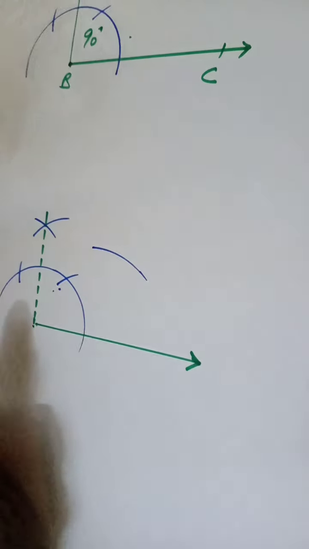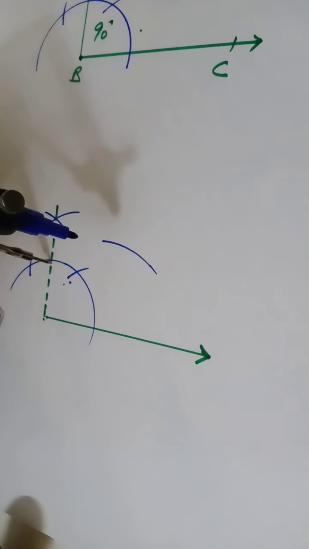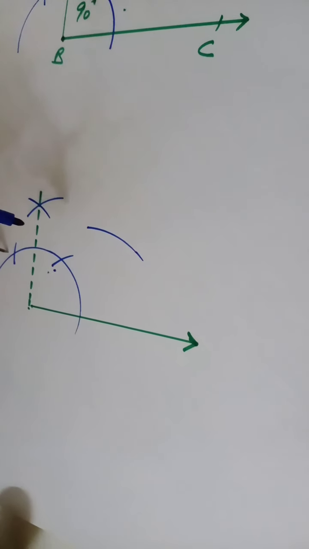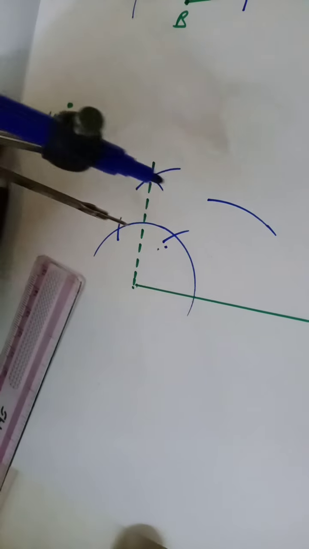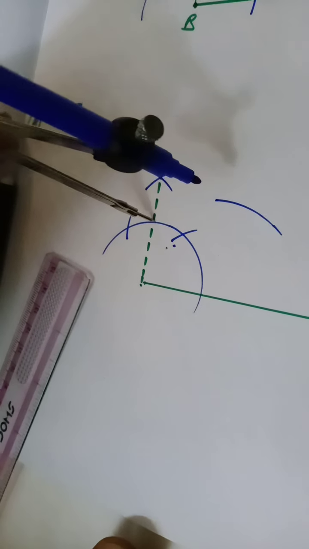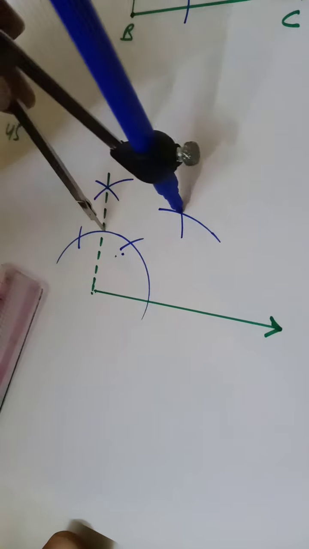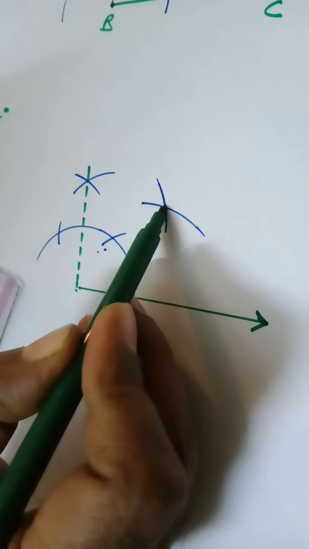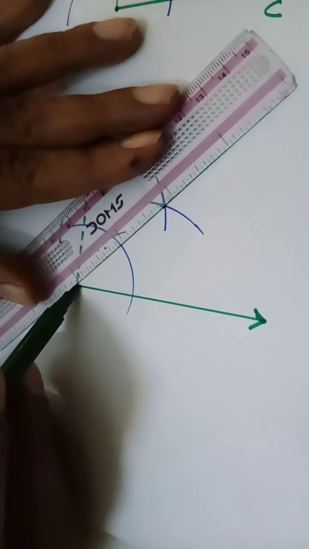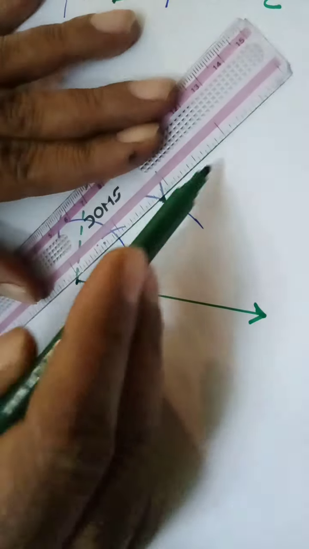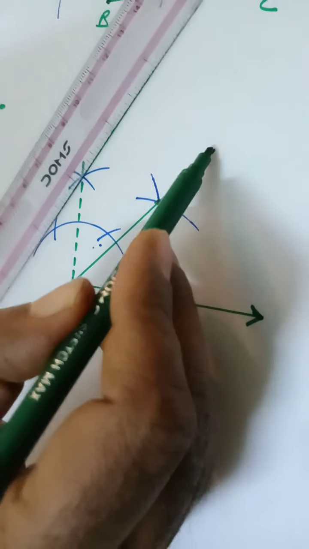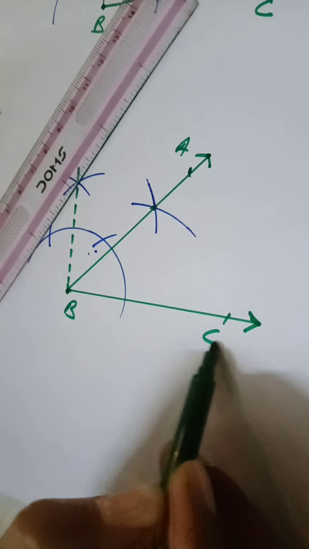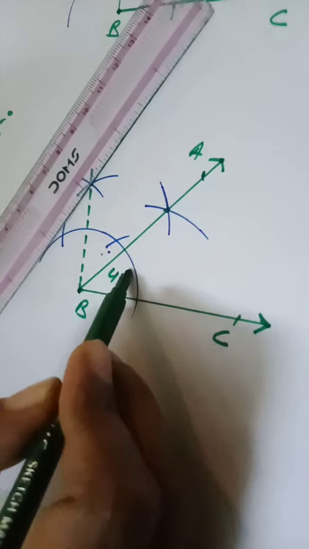Now put the needle at 90 degree here. Some students put the needle here, sometime they put here, but you have to put the needle between 60 and 120 at this 90 degree line and draw another arc which intersects the previous arc and you will get this point. Now join this point with this point. Now put an arrow here and this A, B, C is an angle of 45 degree.